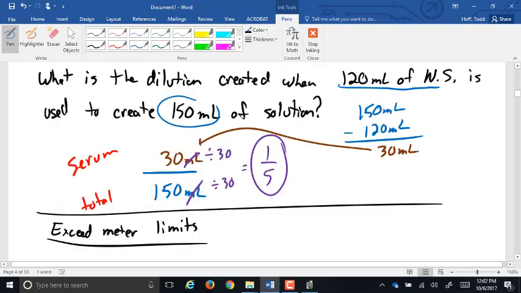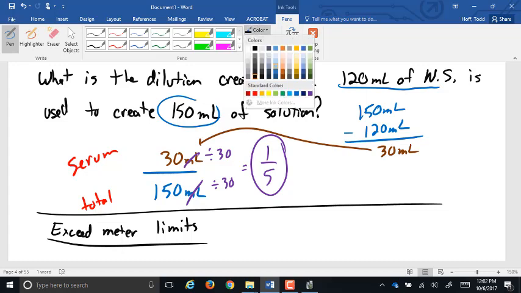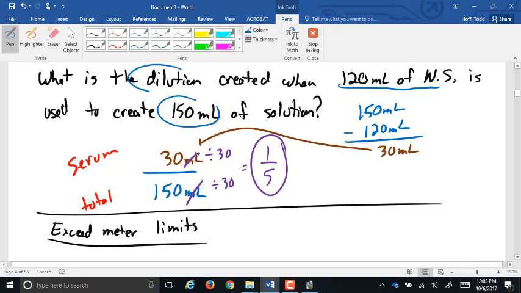The dilution, though, is always serum to total. Whenever it asks for a dilution, it's serum to total.